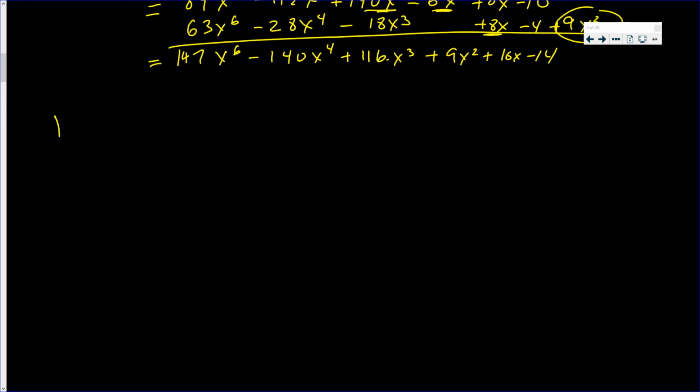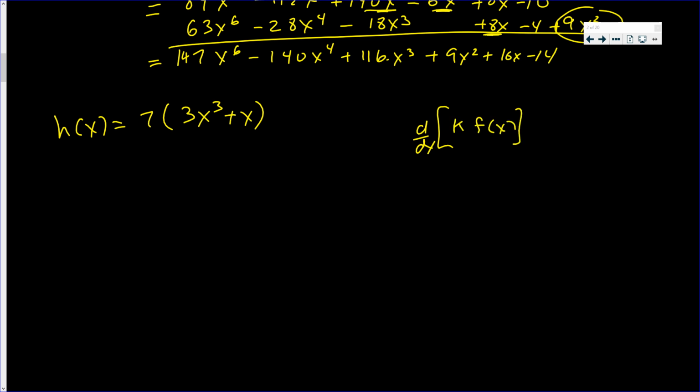Now, suppose that h of x is 7 times 3x cubed plus x. Now, we have a rule that says that the derivative, d over dx, of a constant times f of x is the constant times the derivative of f of x.